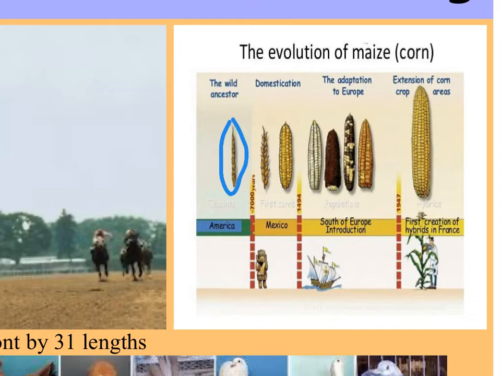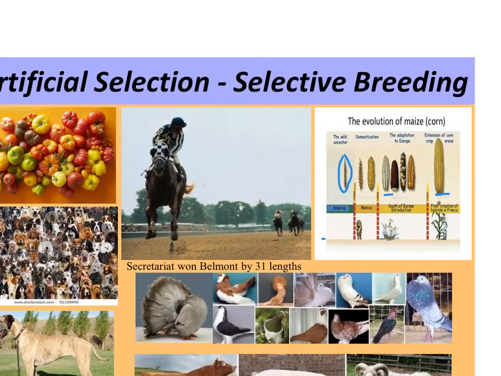And so you can see Mexico, then what happened in Europe. Eventually we've got these hybrids that we now see today. Okay. This is all from actual artificial selection or selective breeding.